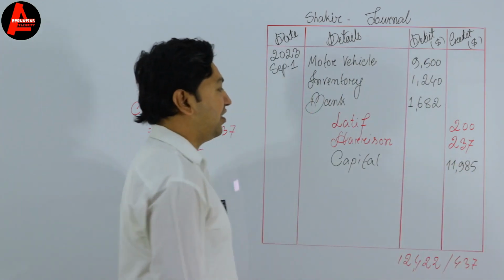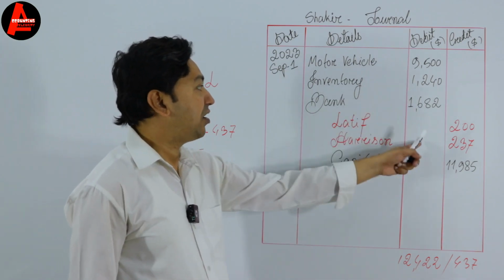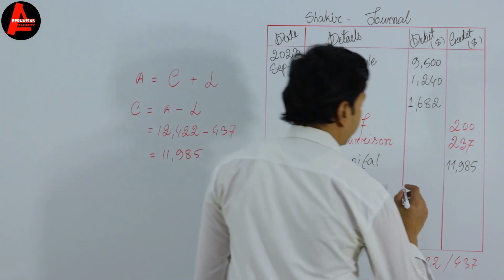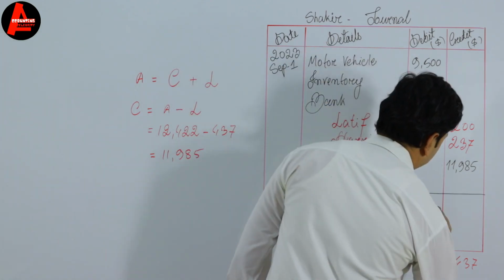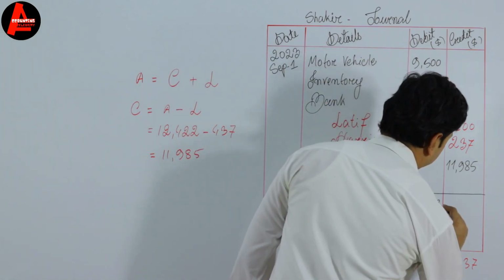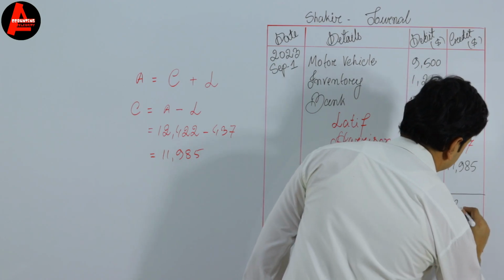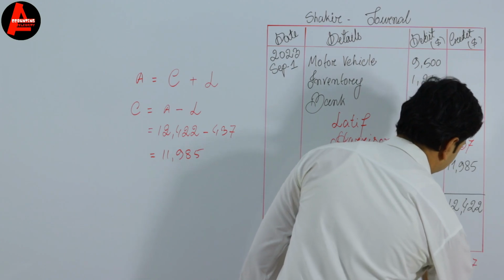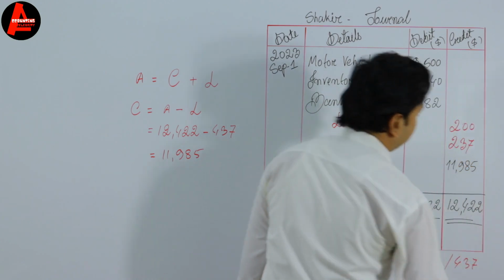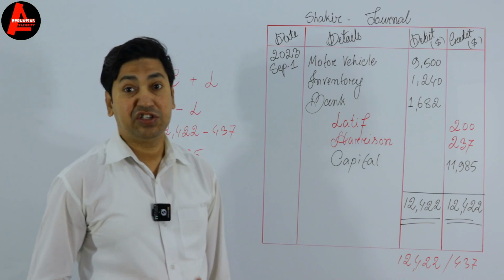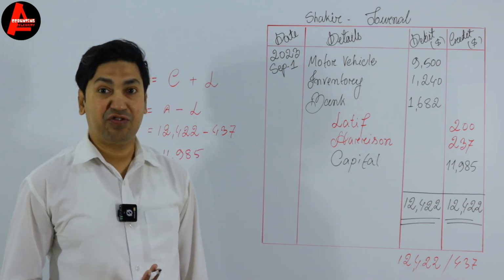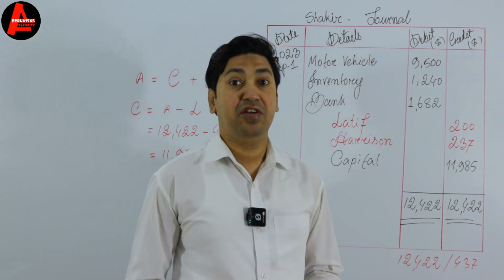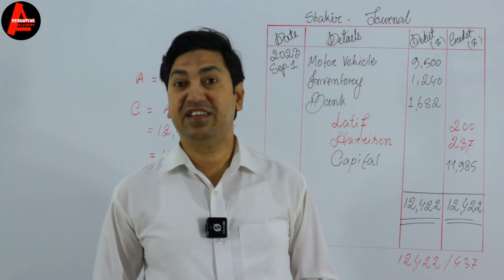Now if we sum up the debit column and the credit column, we get the same total, 12,422 on the debit column and the same on the credit column. So finished. This is how you need to make a journal for opening entries. If you see this type of question in your exam, I hope next time you will answer correctly.